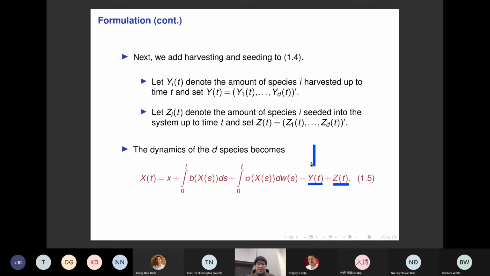Y means we harvest, and Z means we add, we renew, or we seed. We buy species and then we add them into the ecosystem. Both Y_t and Z_t are non-negative.